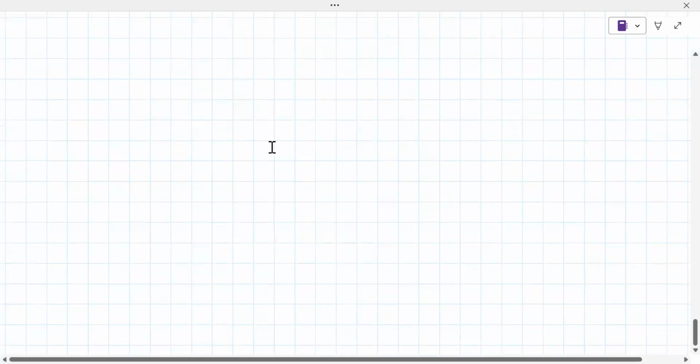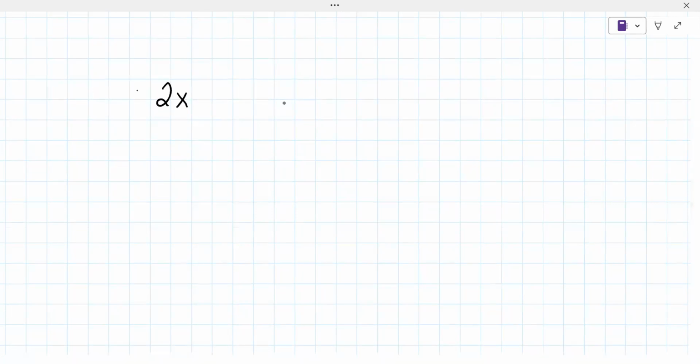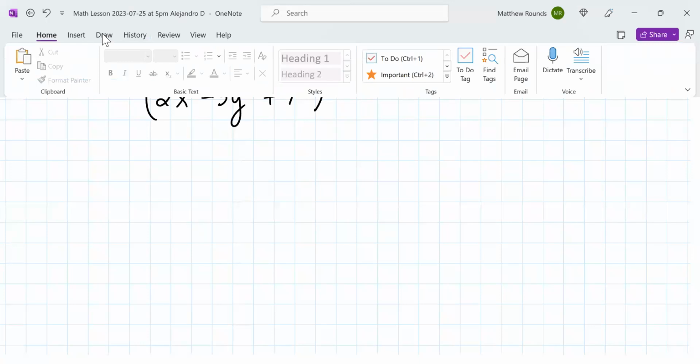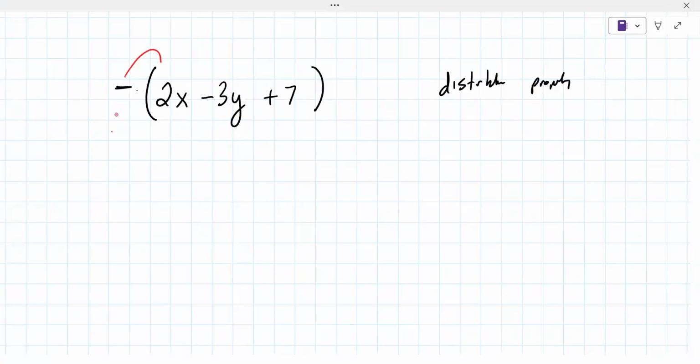Where we're going with this, and it's related, is if I write something like 2x minus 3y plus 7 in parentheses, and I put a negative on the outside, the distributive property says that this negative goes to everything. It goes to the first term, the second term, and the third term, and it effectively changes the sign.